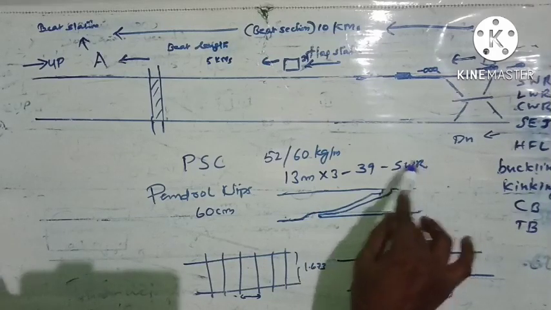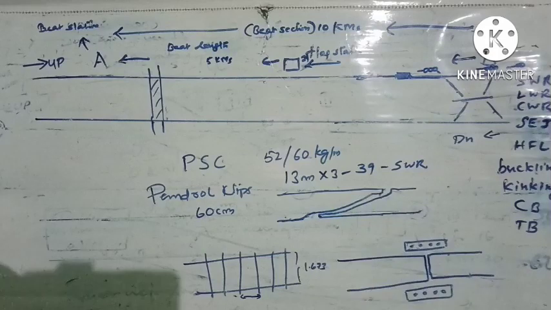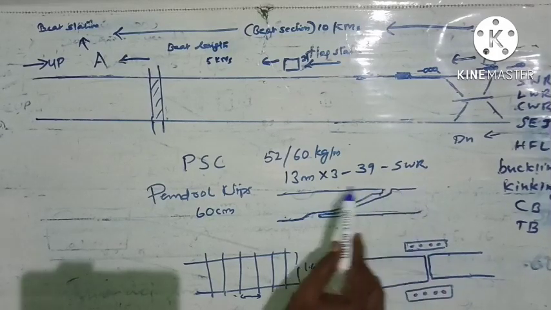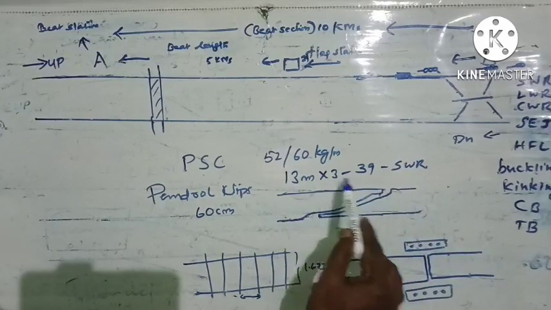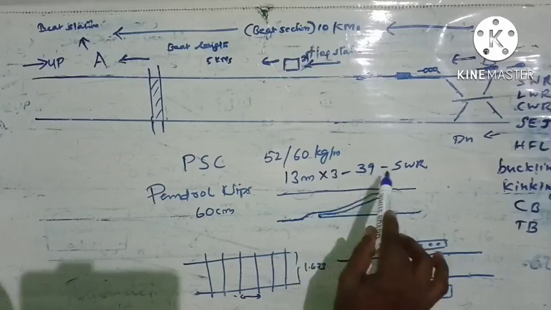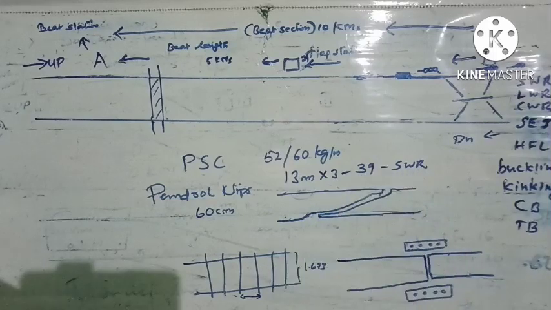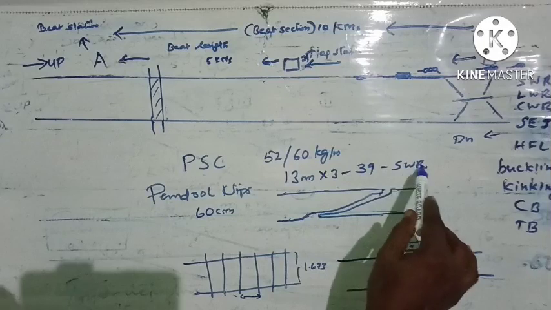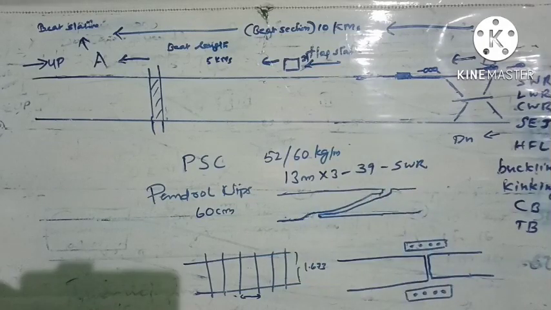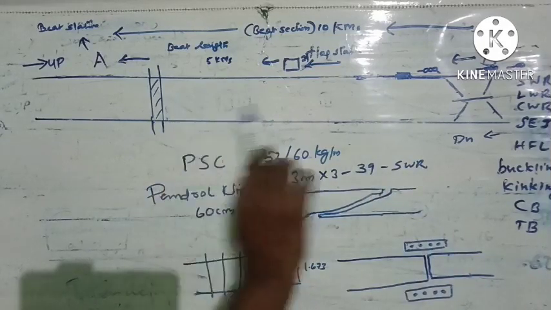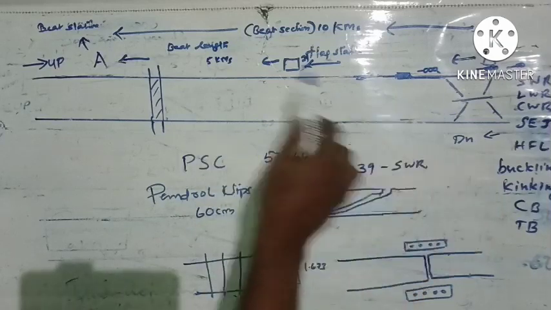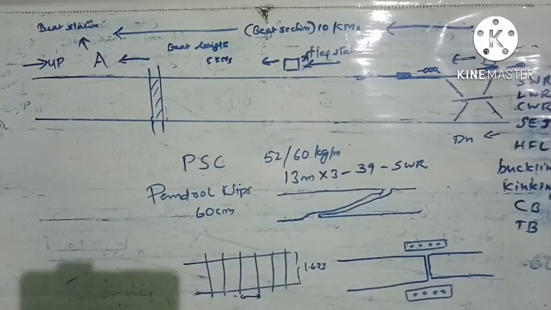So a short welded rail means three 13 meter rails welded together to form a 39 meter rail. That 39 meter rail is called SWR. Previously we were using this SWR extensively for laying track.